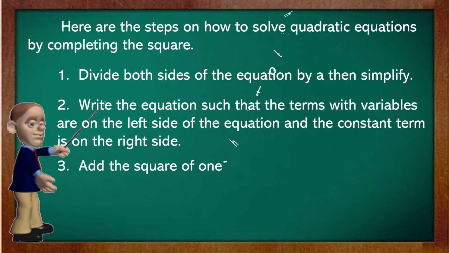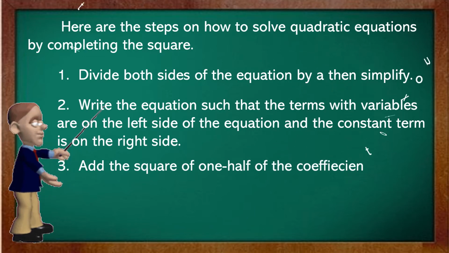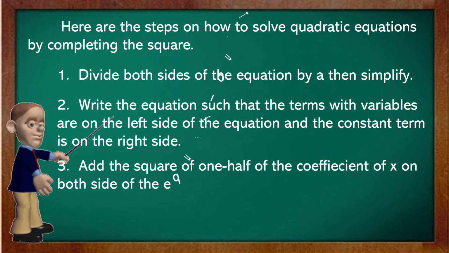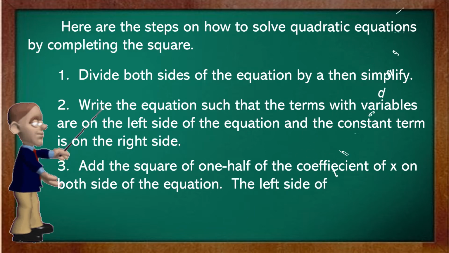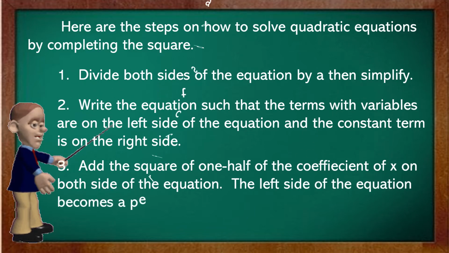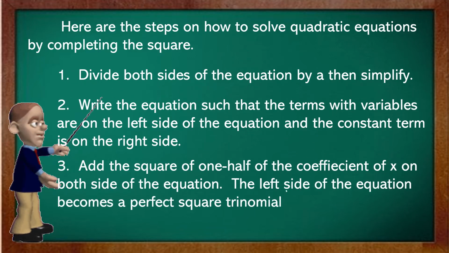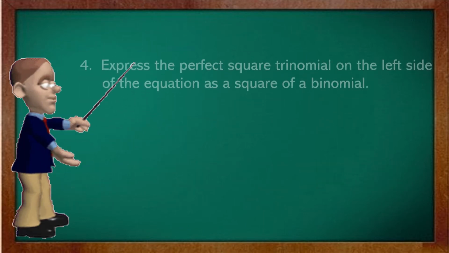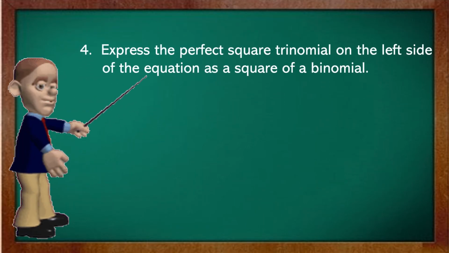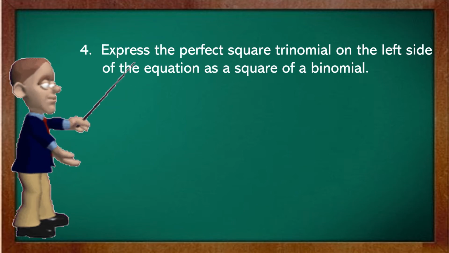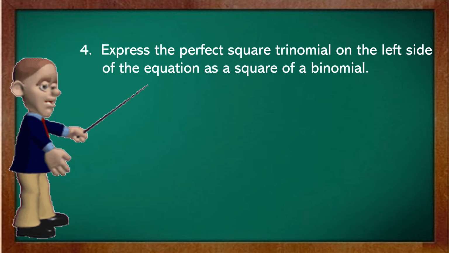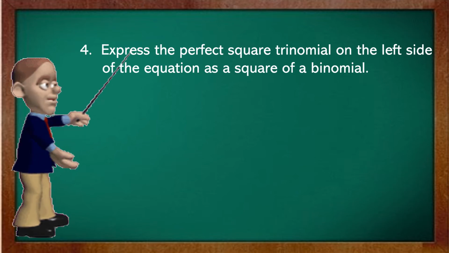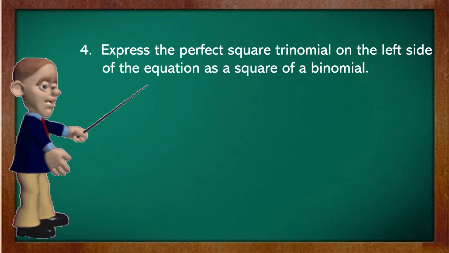The third one, add the square of 1/2 of the coefficient of x on both sides of the equation. The left side of the equation becomes a perfect square trinomial. The fourth one, express the perfect square trinomial on the left side of the equation as a square of binomial.